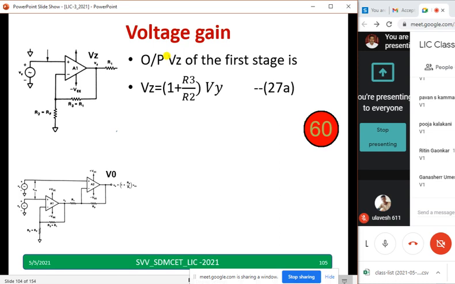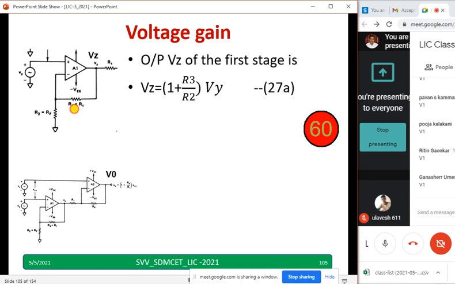Observe carefully. Output voltage Vz of this I am talking, first stage. Is it inverting or non-inverting? Observe here, it is inverting or non-inverting. Input I am applying to the non-inverting terminal, hence the gain is given by 1 plus Rf by R1.